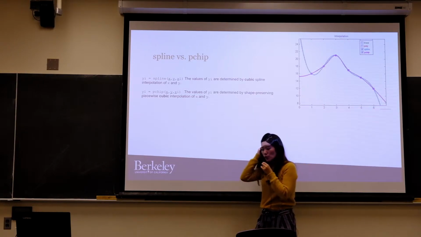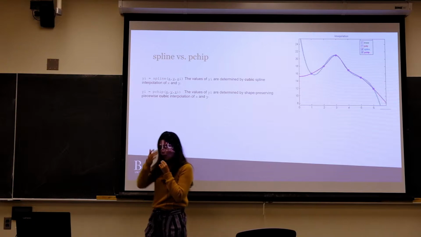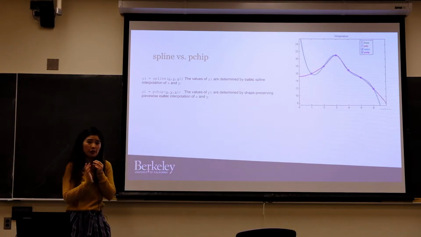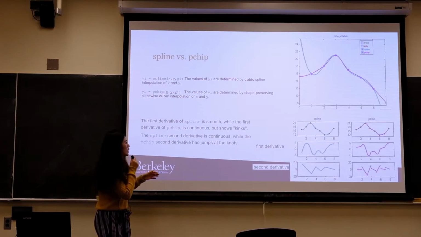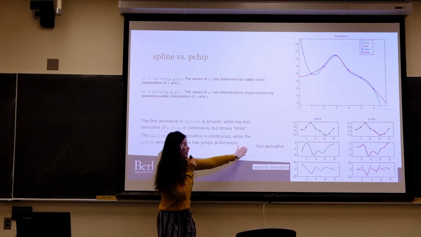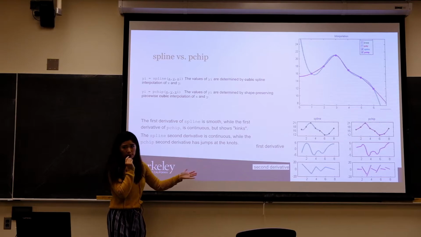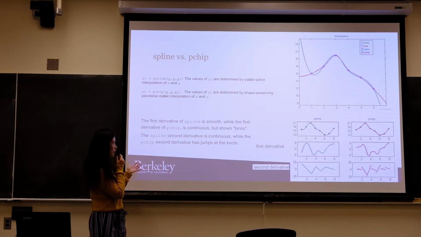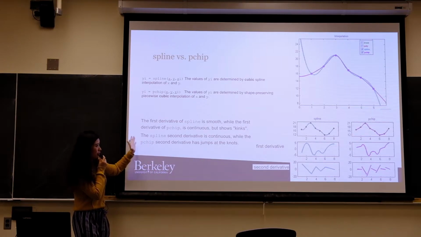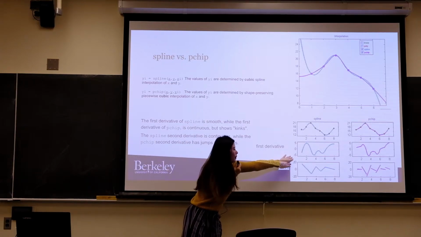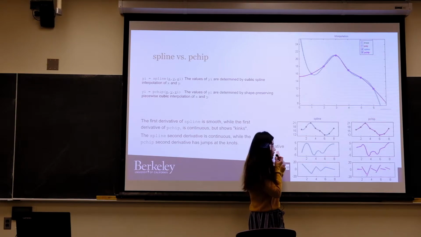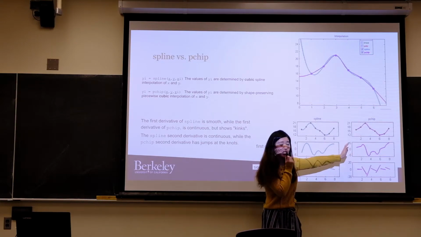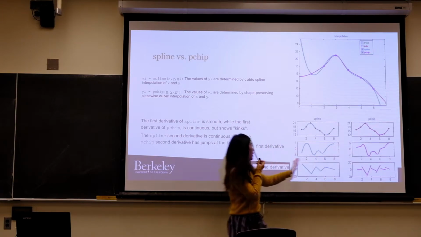And how to decide what's the parameter? There's a difference between these 2 methods. So let's look at the first derivative and the second derivative of these 2 methods, and this is the difference between them. The first derivative of the spline method is smooth. However, the first derivative of the pchip method is continuous, but it's not smooth.